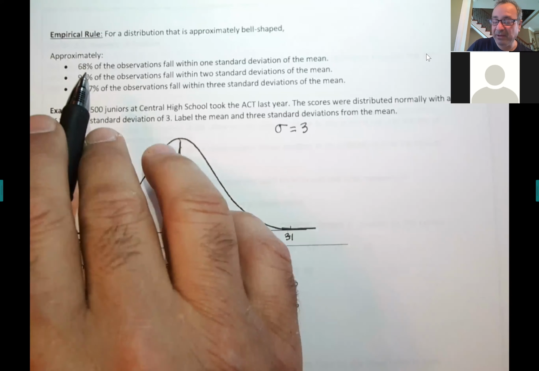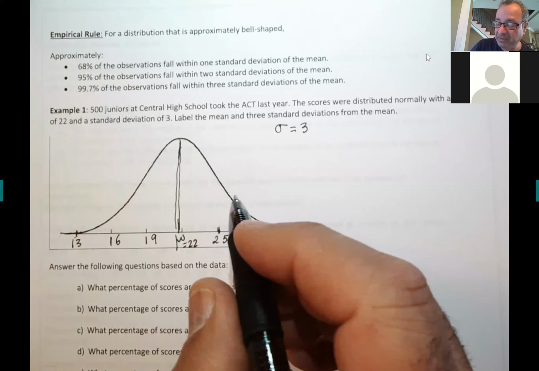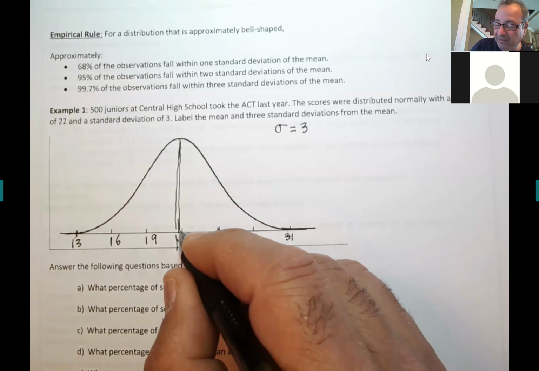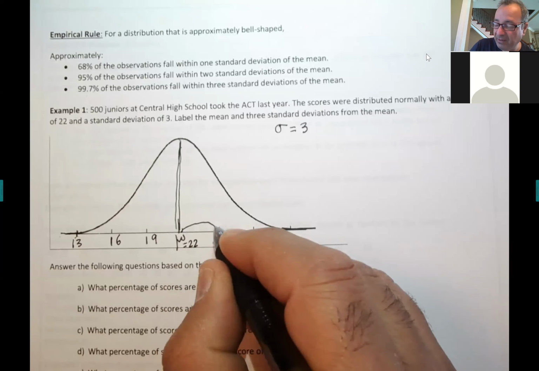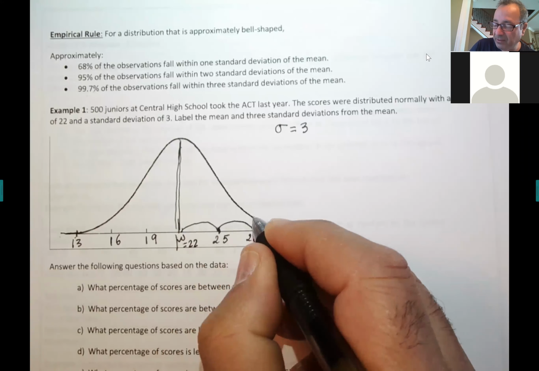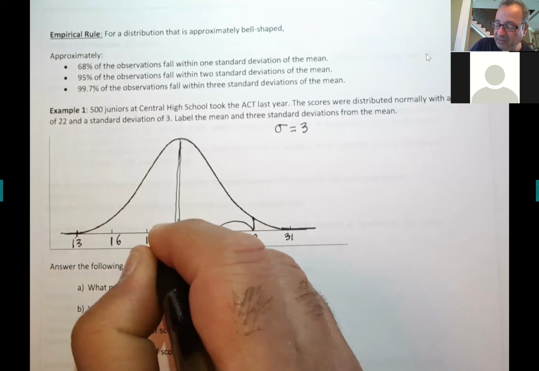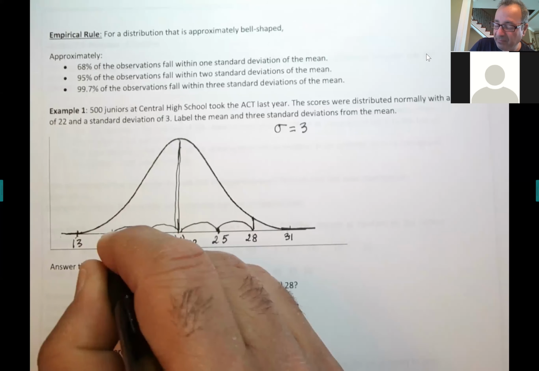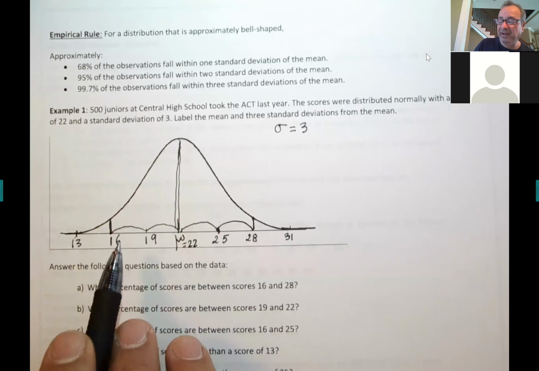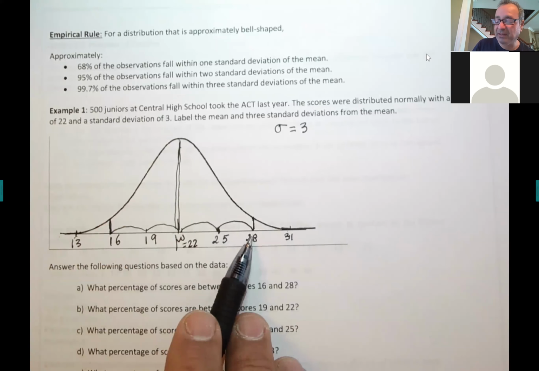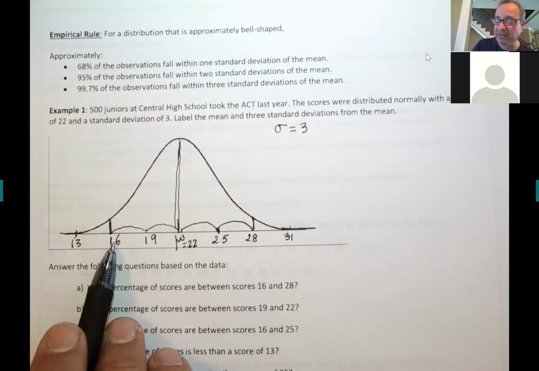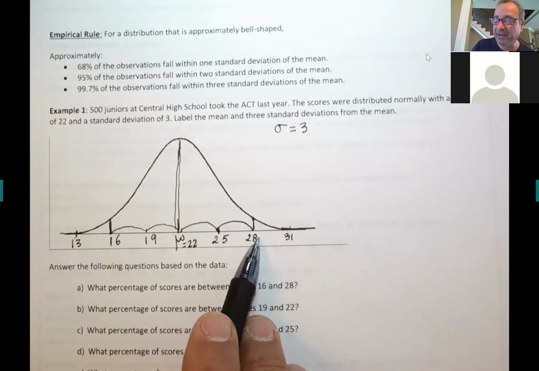Now, let me tell you about the 95%. For the 95%, guys, I'd like you to move 2 standard deviations from the mean. 1, 2, we're here. And 1, 2 from the other side. 95% of the students have ACT scores between 16 and 28.